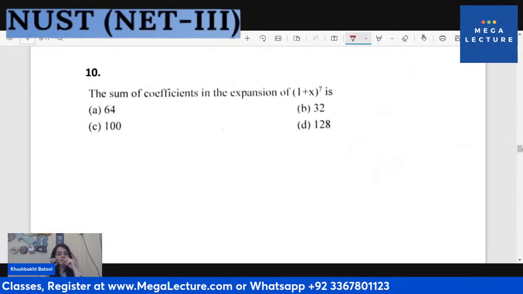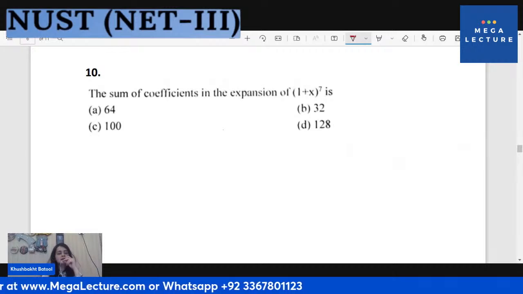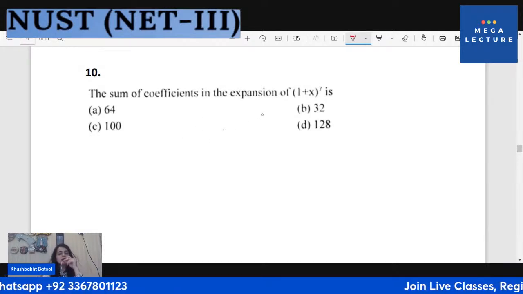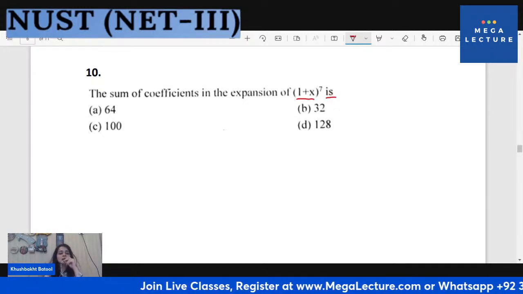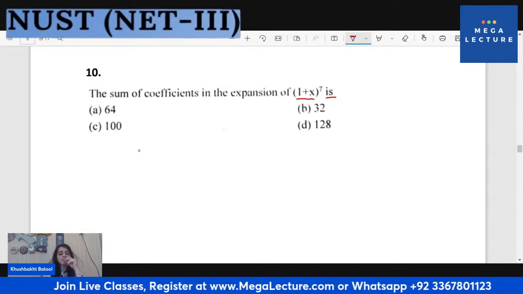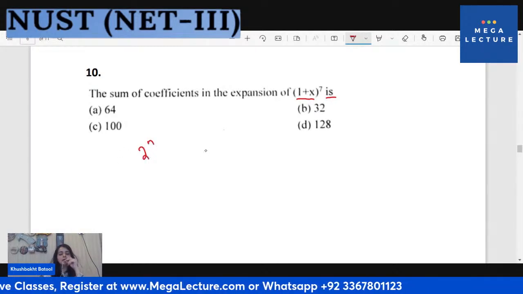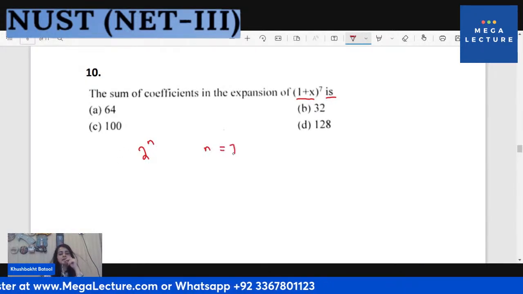Okay, here is the 10th question. It says the sum of coefficients in the expansion of this is, okay, now I've told you the sum of odd and even coefficients adds up to give you 2 power n. Here n is basically 7, so it would be 2 power 7.